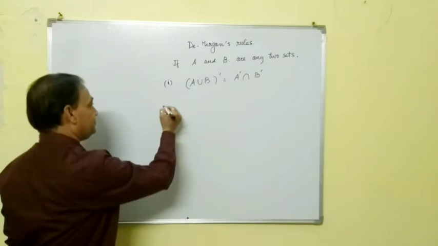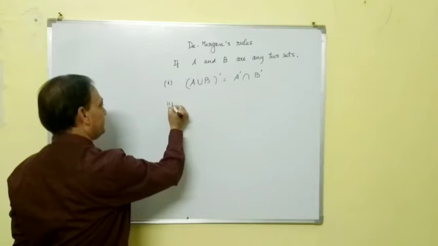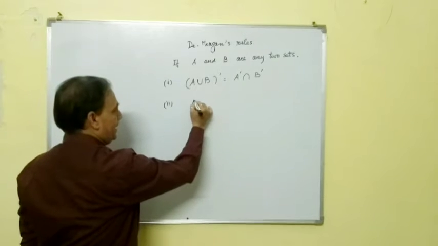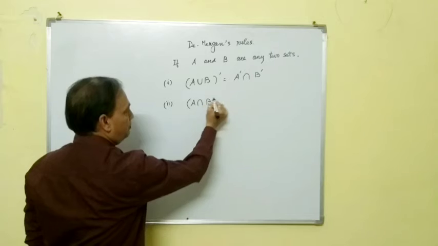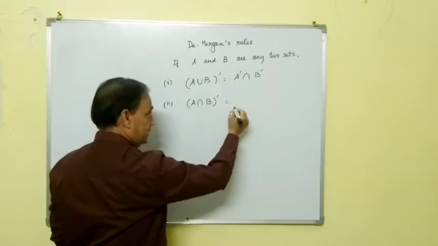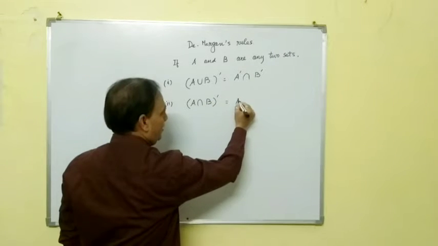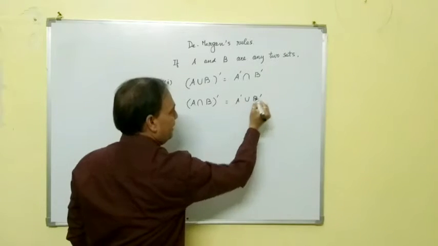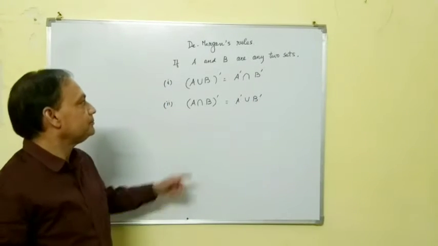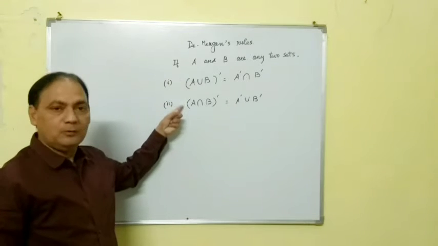And there is, complement of A intersection B is A complement union B complement. These are two rules.